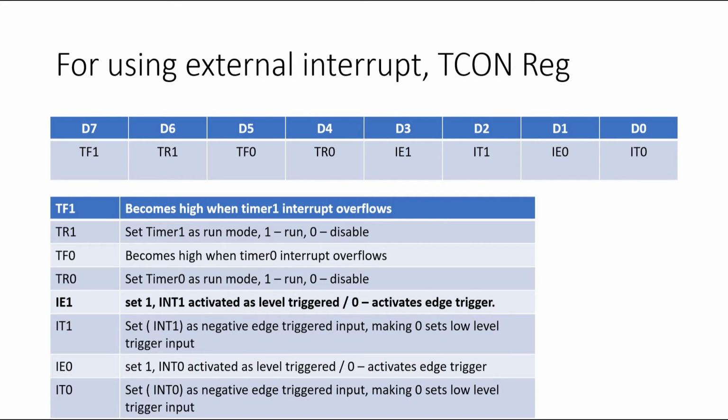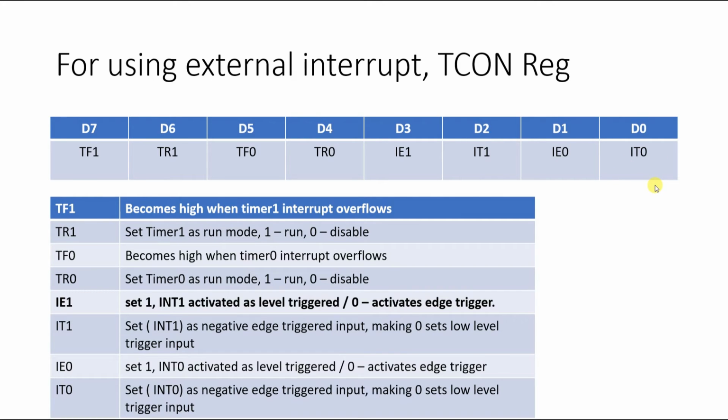Now similarly, you will see there is IT0, there is IT1, and then there is IE0 and IE1. So if you want level triggered, then you make this particular bit 1. 0 basically removes the trigger at all. So 0 doesn't have any function. Now because the pin is by default high, I want the interrupt to appear when I make the pin low.